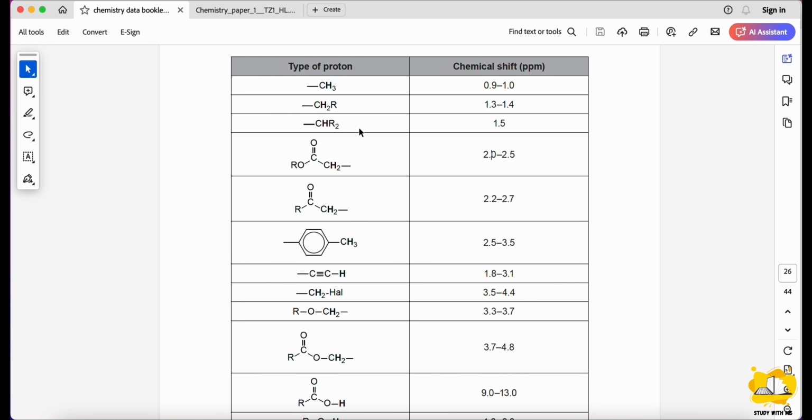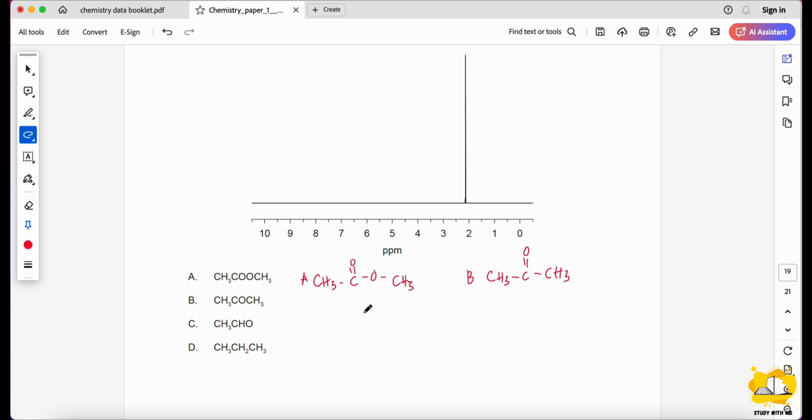Okay, so ester or ketone. Ester is 2 to 2.5 and ketone is 2.2 to 2.7. All right, so we are stuck on this because the peak is around 2. Okay, here is B, 2.2 to 2.7, and this one 2.0 to 2.5.